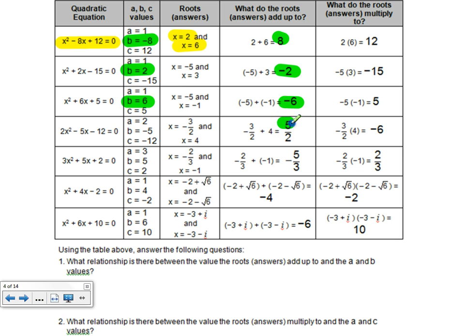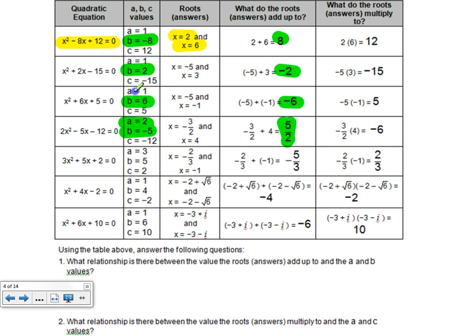And then the next one, the answers add up to 5 halves, and you're like, well, that's not 5 halves, that's negative 5. So it's a little bit more complicated than just saying there's a relationship with just the b value. In fact, the sum of the answers is the opposite of the b number, divided by the a number.